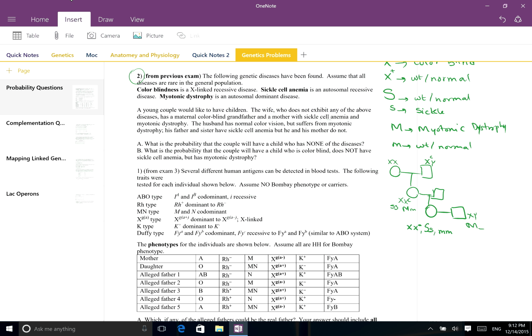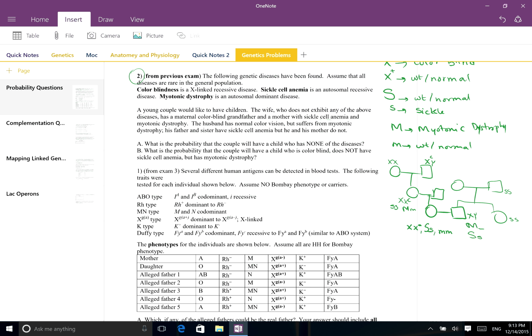His father and sister have sickle cell, so he has a sister. Father, mother. So the father has sickle cell, the sister has sickle cell. He doesn't have sickle cell, but he is a carrier for it.